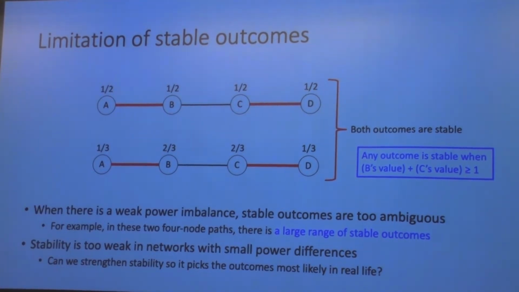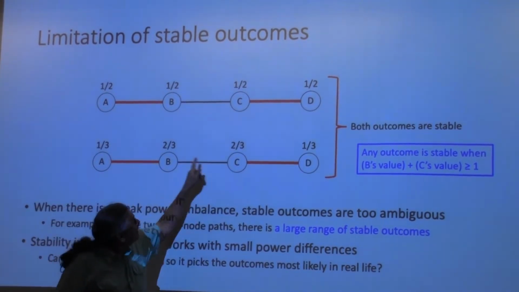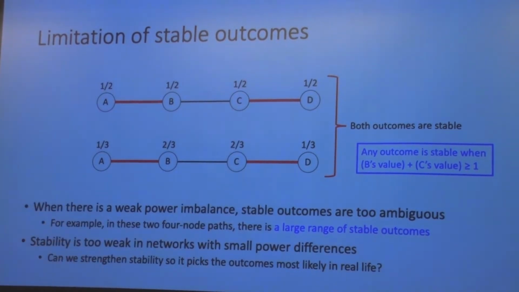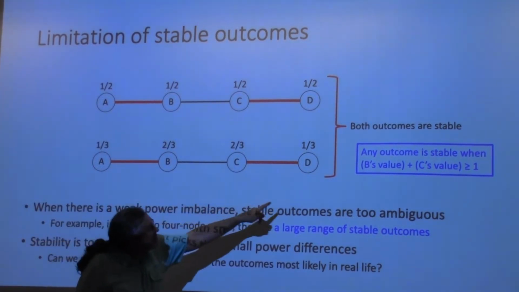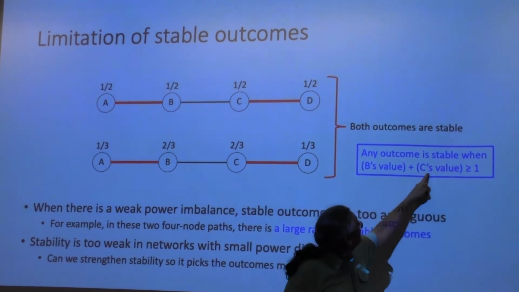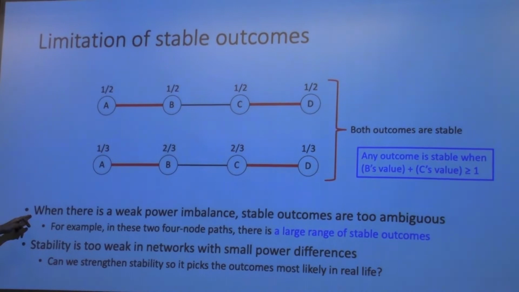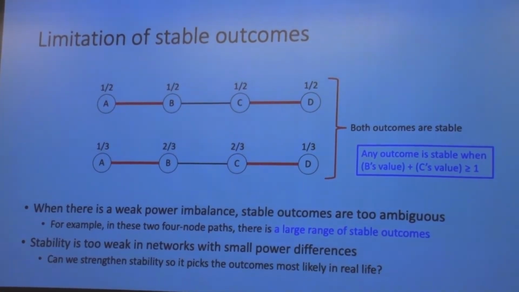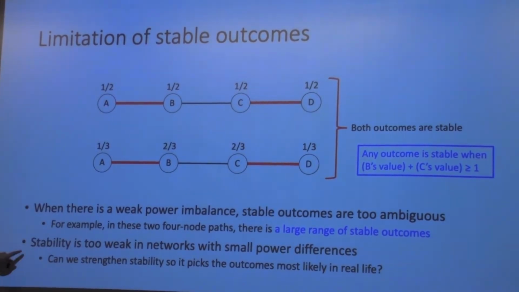Because B and C can do no stealing, because the sum of these two is greater than or equal to 1, which is the other condition from stability. So there is never going to be stealing between B and C because of this. But there's a lot of possibilities. You see? Stable outcomes are too ambiguous. Not allowing stealing is not enough really to fix the values. There's a large range. Stability is too weak to really determine it.